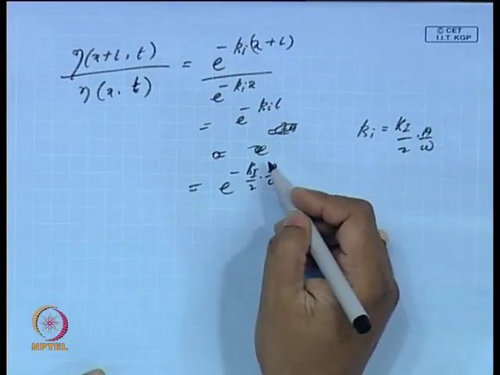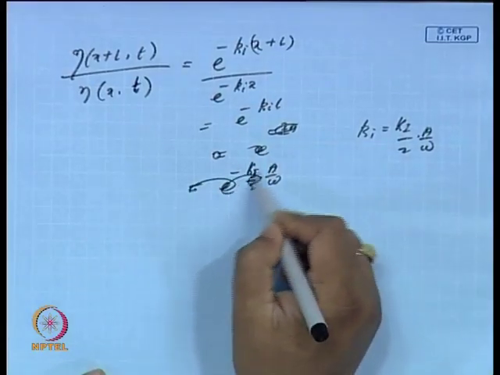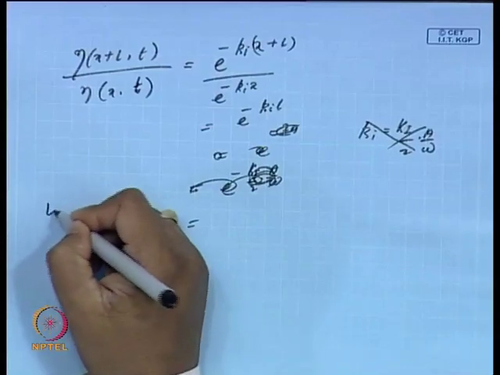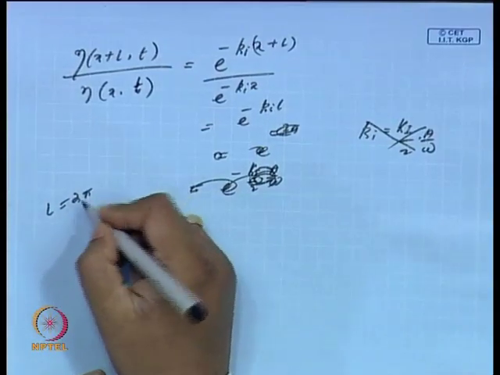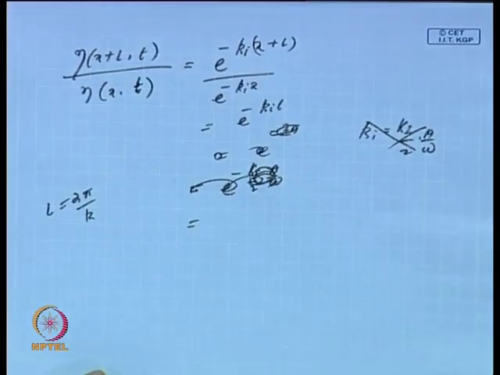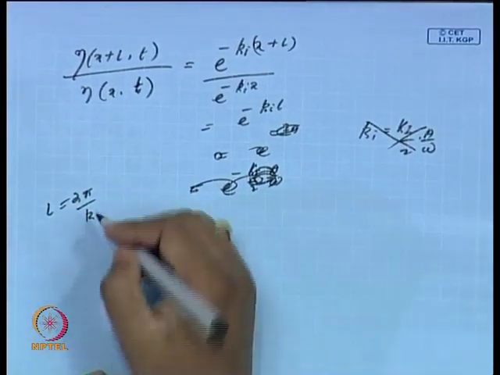Oh, sorry, lambda is 2 pi by k. I am sorry. So, we have L is 2 pi by k, and that k I call it as k_r.